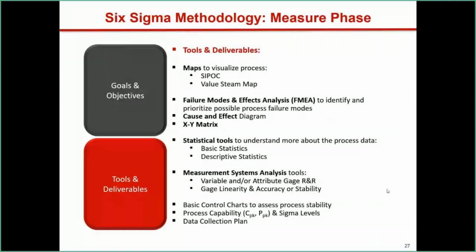We use variable or attribute gauge R&R, or gauge linearity, accuracy, and stability. We'll see how we do them. Then we'll learn basic control charts to assess process stability. We'll understand process capability indices, Cpk and Ppk, sigma levels, and the data collection plan that is required for you to do further analysis.